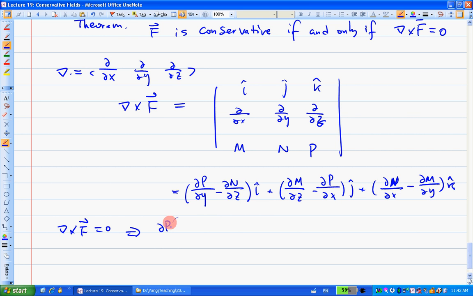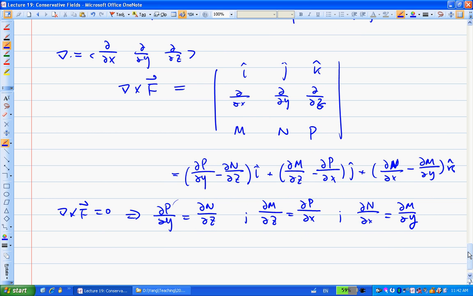That means partial p over partial y equals partial n over partial z, and partial m over partial z equals partial p over partial x, and the last one, partial n over partial x equals partial m over partial y. So f is conservative basically means these three equalities hold. That's the logic here.